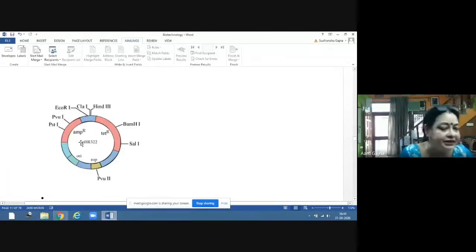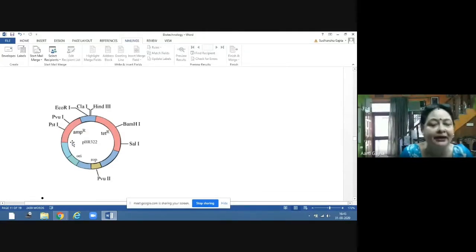So in this pBR322 vector, there are 8 recognition sites, the restriction enzyme sites. These are the names of the restriction enzymes. And after that, if you see here inside, this is the ampicillin resistance gene. Amp R means ampicillin resistant.